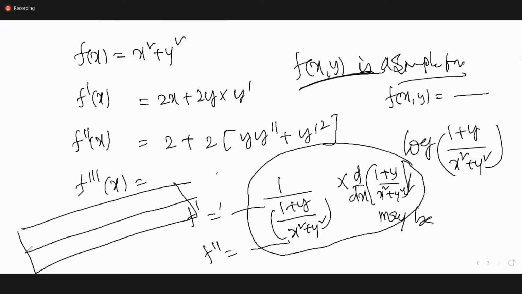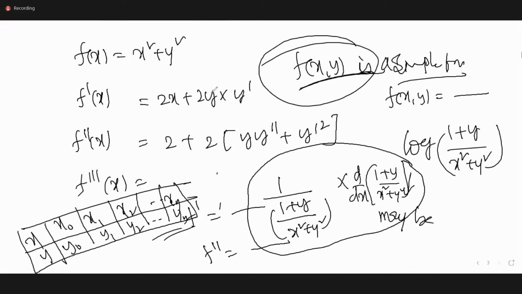Suppose data is given: x values x0, x1, x2, up to xn, and y values y0, y1, y2, and so on up to yn. For this data, the Taylor series method is unsuitable. The Taylor series method is suitable for the known functions f of x comma y which are obtained from initial value problems.